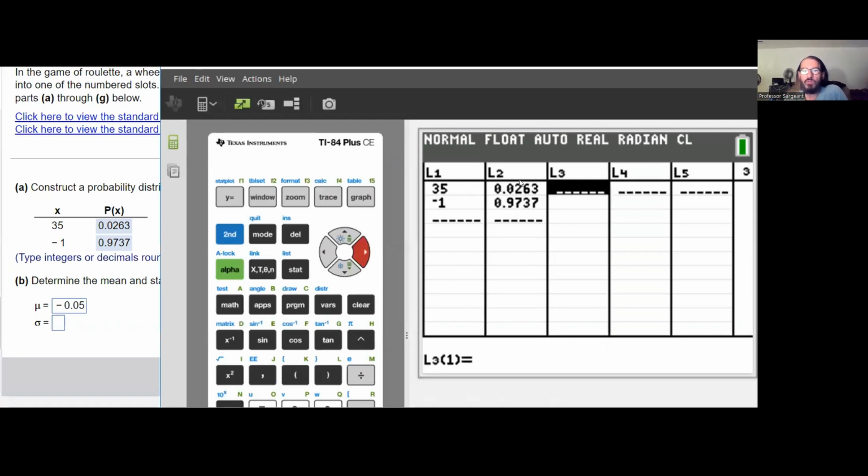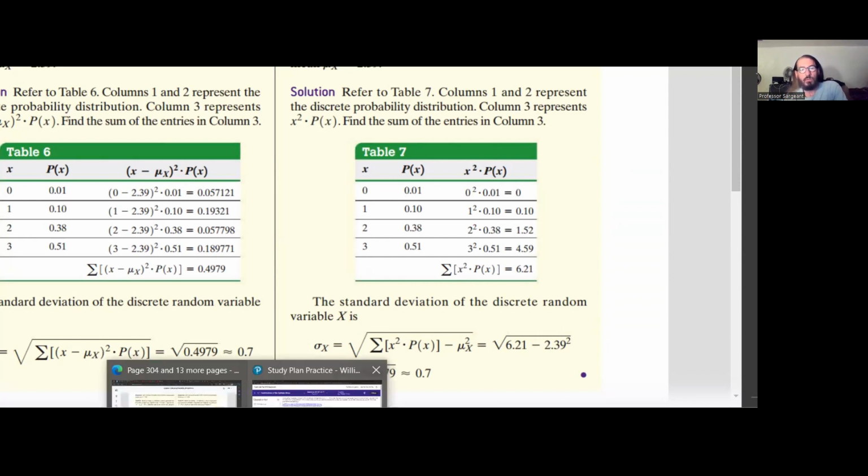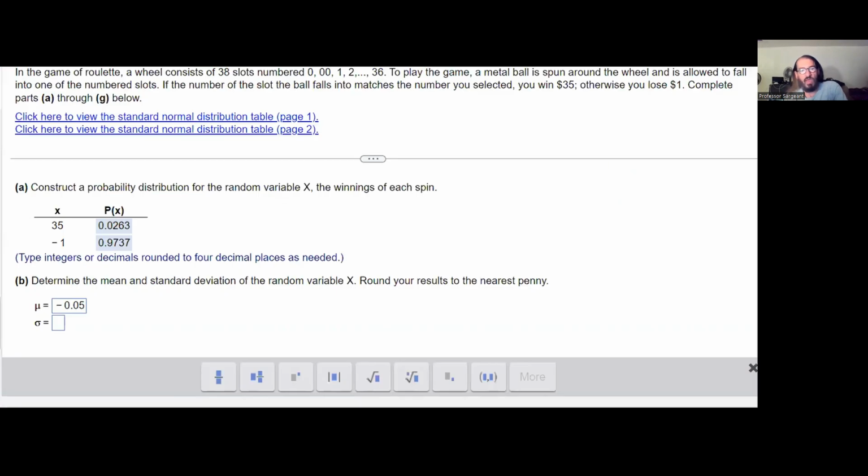So let's take those scores, x's, and subtract the mean, then square them. Now we're subtracting a negative 0.05, which is going to be the same as adding 0.05.